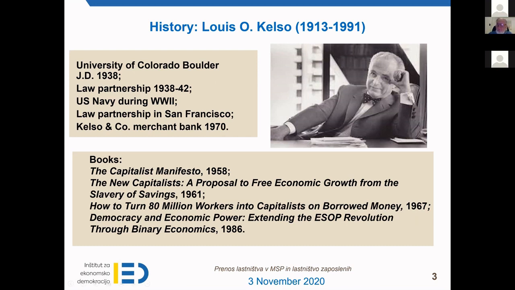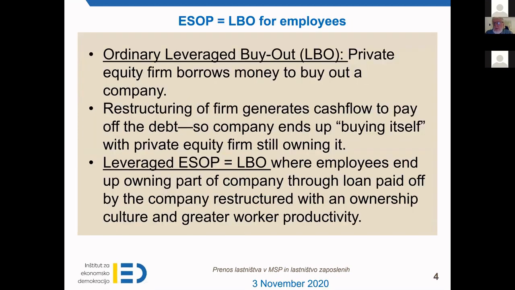So the idea came out of this experience in America with leveraged buyouts. This was a big rage in the late 60s and early 70s. What are today called private equity firms would borrow money, generally buy out a company, and then restructure the company to make it, supposedly, more efficient. This was the theory. And then the company would, in effect, itself pay off the debt. So the company was like buying itself, but the equity firm would still own it.